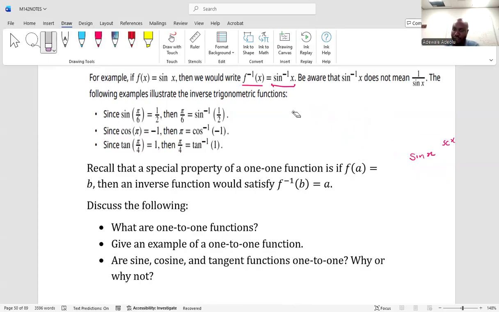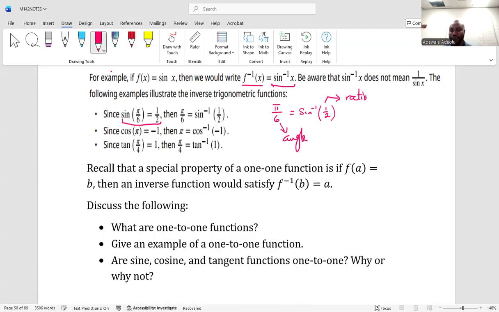Okay, now let us see how we quickly denote that using an example. So since sine of pi over 6 is 1/2, it means that the angle now will be sine inverse of 1/2. Remember, the domain of inverse is ratio and the range is angle.